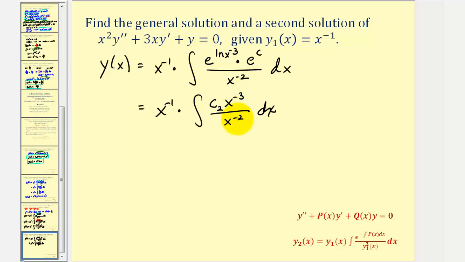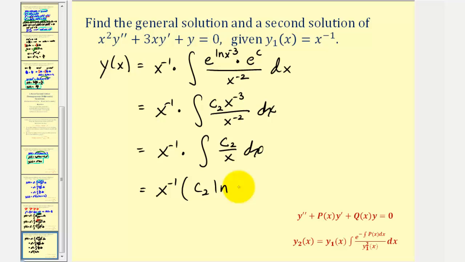Negative 3 minus negative 2 would be negative 1. So now we have x to the negative 1 times the integral of c sub 2 x to the negative 1, or c sub 2 divided by x dx. And now we'll integrate this. So we have x to the negative 1 times, this would be c sub 2 natural log x plus another constant, which we'll call c sub 1.